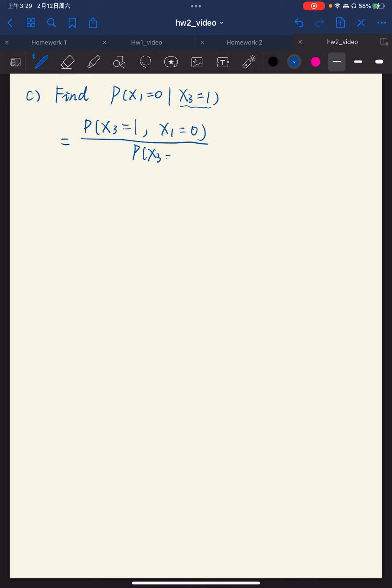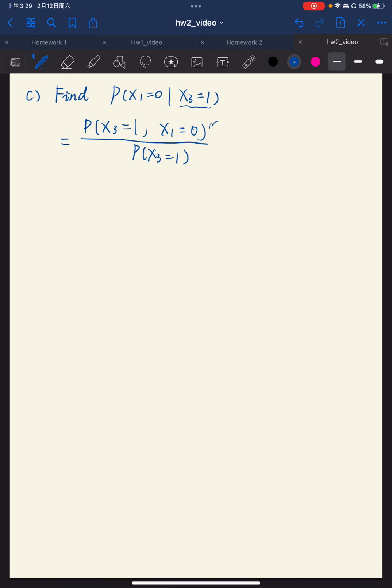Okay, for the third question, we should find the conditional probability of x1 equals 0 given x3 equals 1. We already have the probability of x3 equals 1 now, and this one, by the definition, is equal to the probability of x3 equals 1 with x1 equals 0 divided by the probability of x3 equals 1.